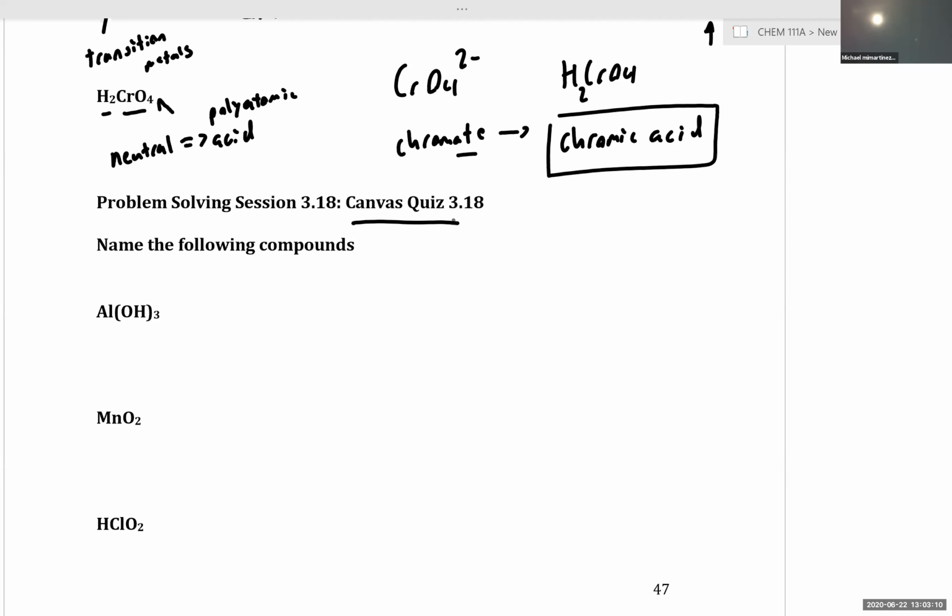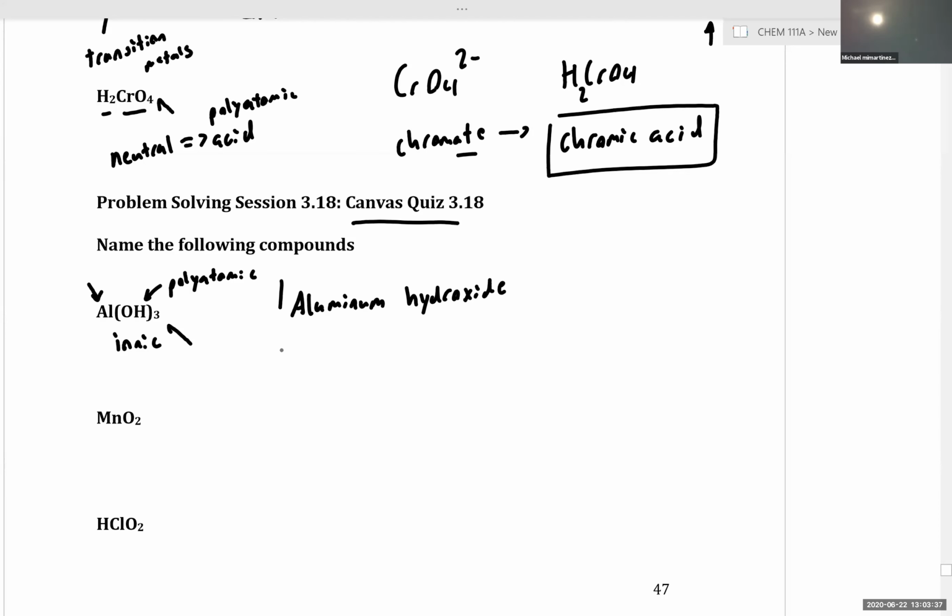So aluminum hydroxide is an ionic compound, and we have a polyatomic ion. So first things first, we write the name of our metal, which is just a main group metal. So we write aluminum. Then looking at OH we have to name our polyatomic ion, in which case this is known as hydroxide.